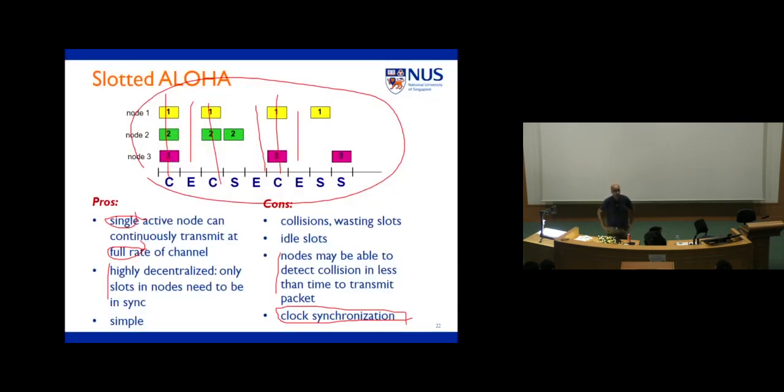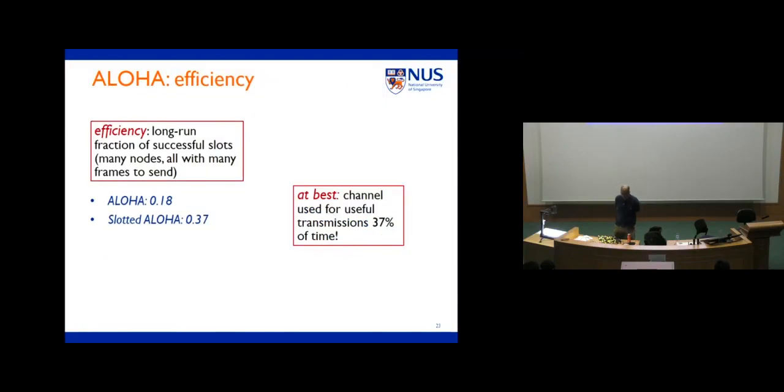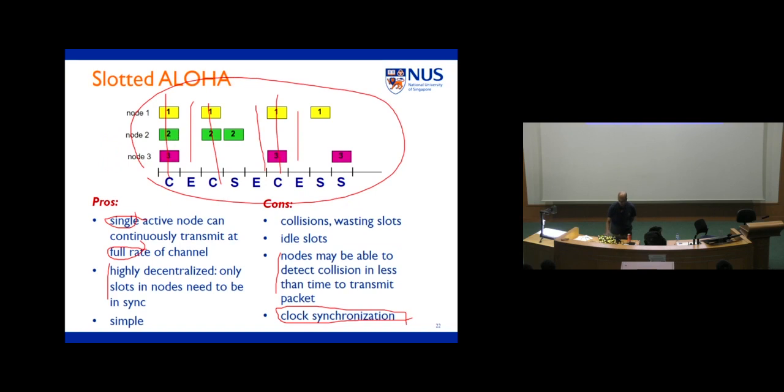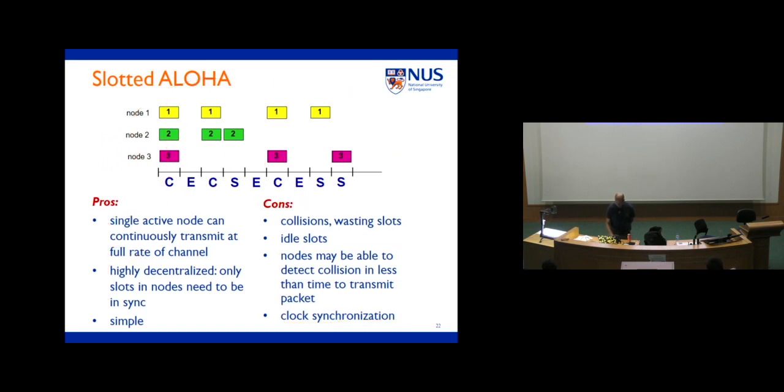So now that we have looked at these two versions of Aloha, we are in a position to see which one performs how, right? How good these things are. So what we can do is say, what is the efficiency of these protocols? The way I define efficiency is, let's say for the slotted Aloha case, if I observe for a long period of time, how many total slots were there?